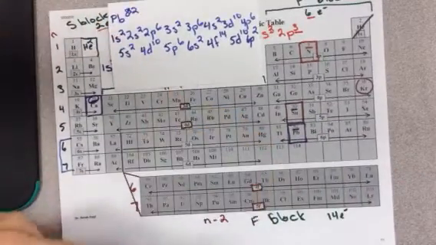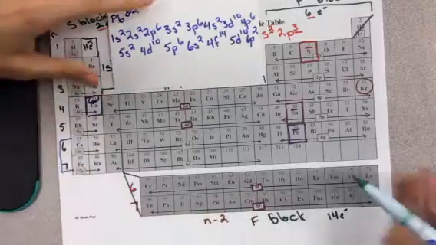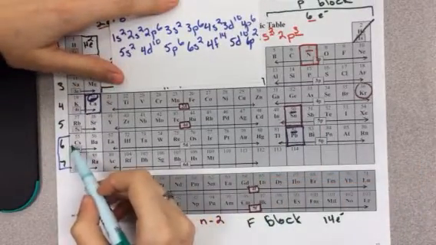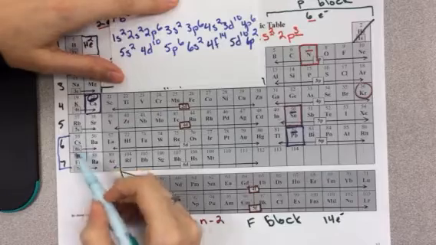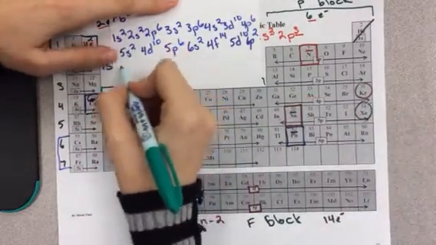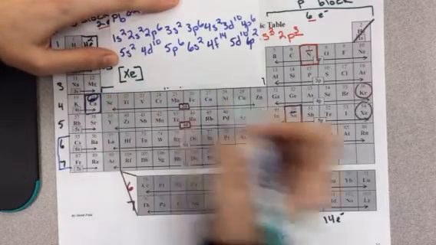But how would you do the noble gas configuration for lead? Again, you're just going to figure out what is the previous noble gas before lead. Going all the way to the left, and then the one before 55 is 54. So that is xenon. So you're going to put that in brackets.